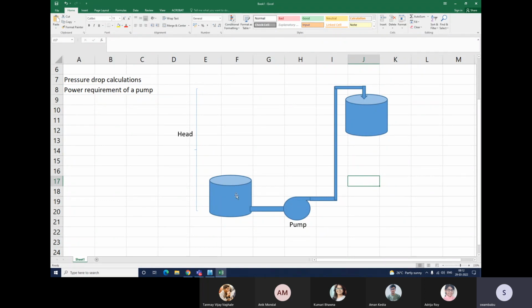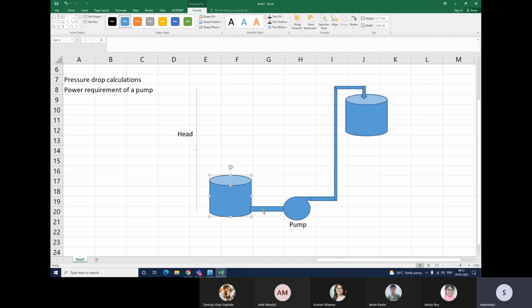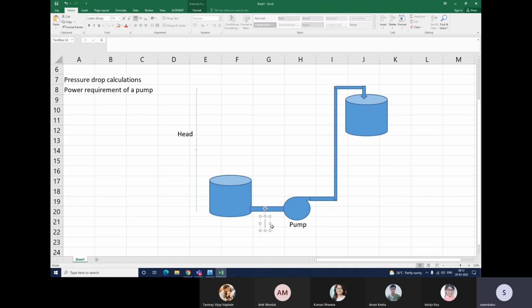So we want to simulate this process using DWSIM. Let's say we take some arbitrary values. Let's say this pump is 1 meter from the storage tank. From the storage tank to the inlet of the pump is 1 meter.